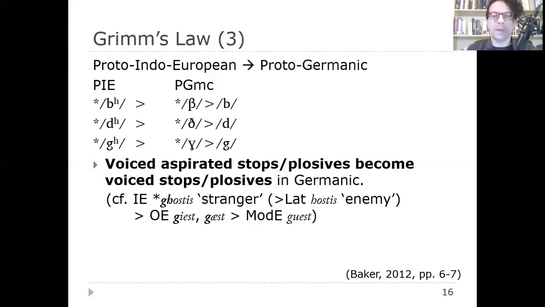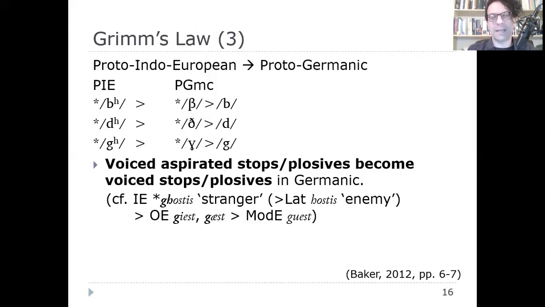And another thing that's a little bit hard if you know Latin is that these sounds also changed a little bit in the Latin language. So you can't just directly put a Latin word there in the first slot. They changed to something like fricatives in the Latin language, actually. But these voiced aspirated plosives, bh, dh, gh, became something like voiced fricatives in Proto-Germanic originally.